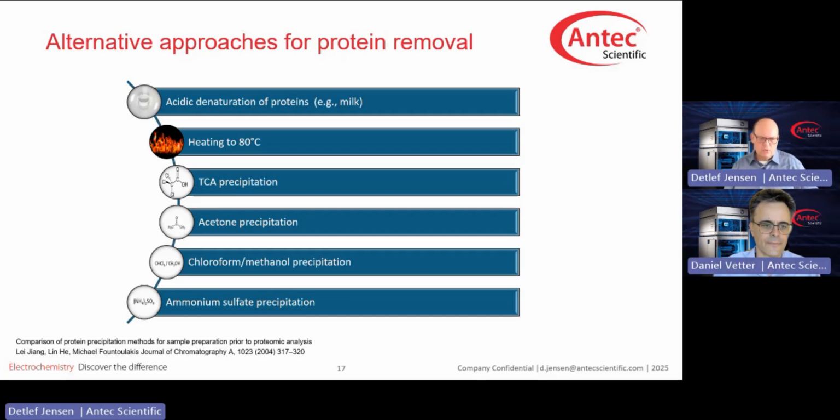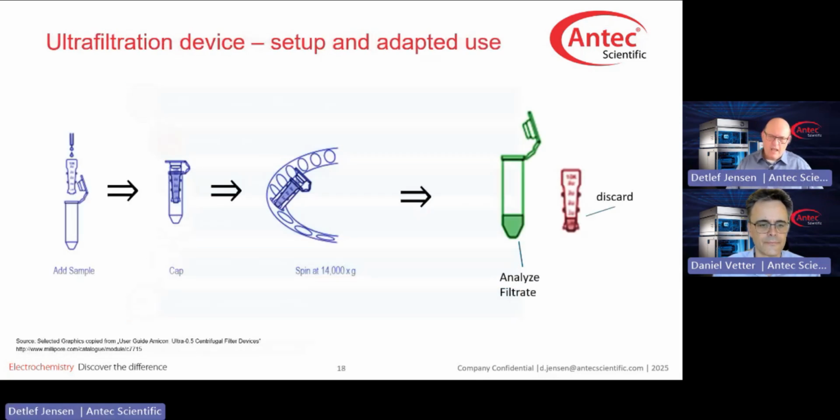But I promised you to come back to the ultrafiltration. And why is that? Because ultrafiltration is of the same kind. It addresses my laziness, if you so want, because all you do is you purchase these ultrafiltration vials from different vendors. It usually consists of an Eppendorf type vial and an insert.